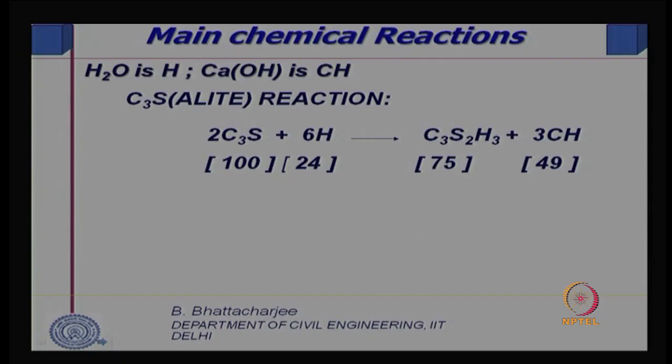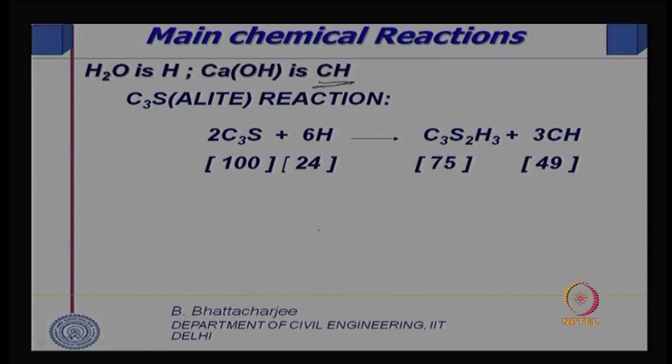Now, the main chemical reaction. We abbreviate calcium oxide as C, and water is abbreviated as H, as we mentioned earlier. Thus, calcium hydroxide will be written as CH.